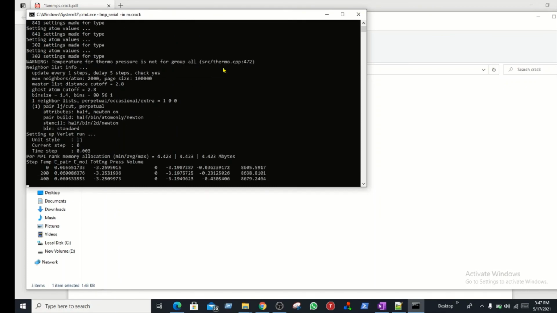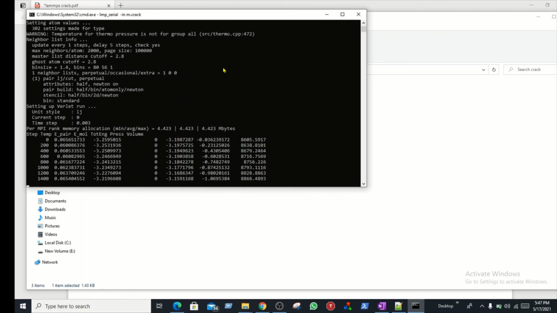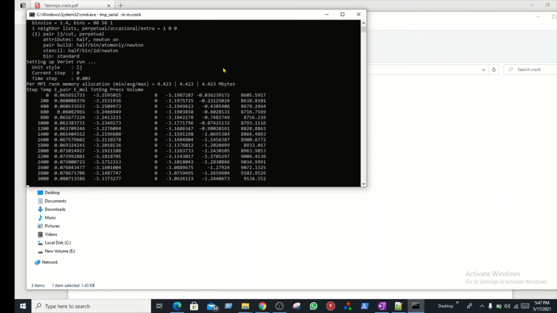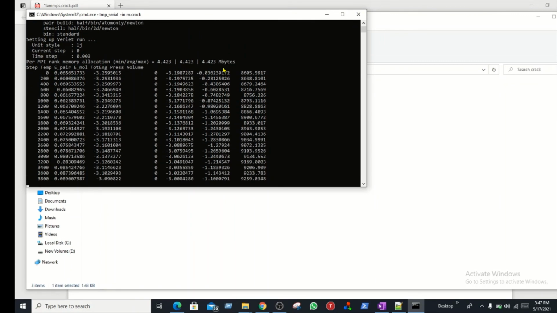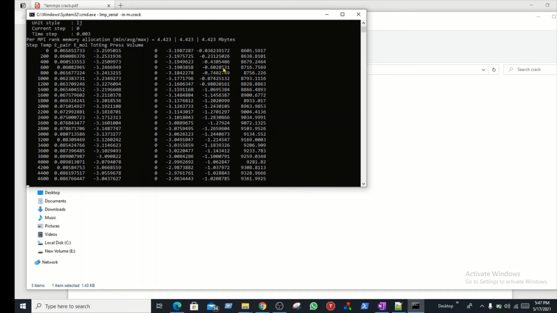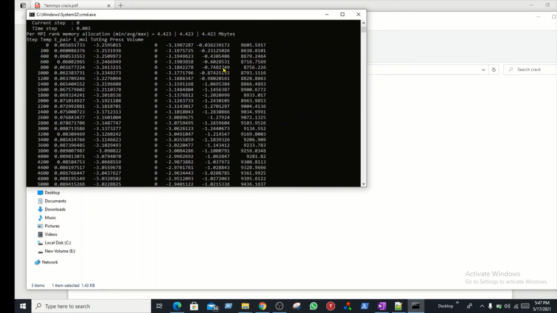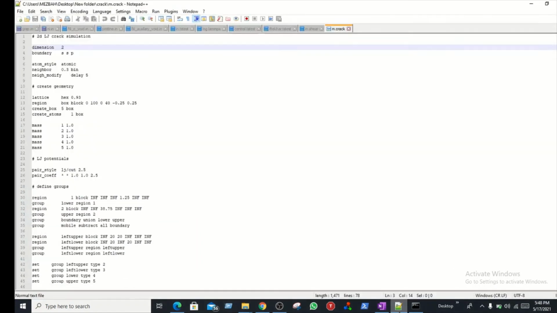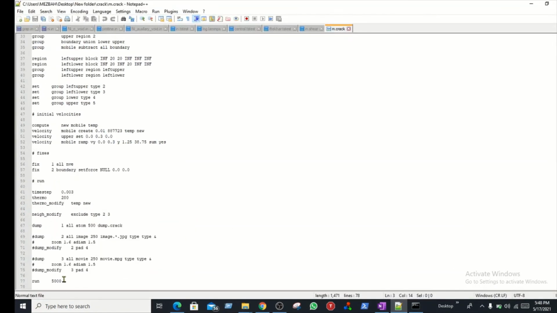Press enter and it is running. Just look here, it is running for 5000 steps, because we dumped it, we ran it for 5000 steps in our LAMMPS file.